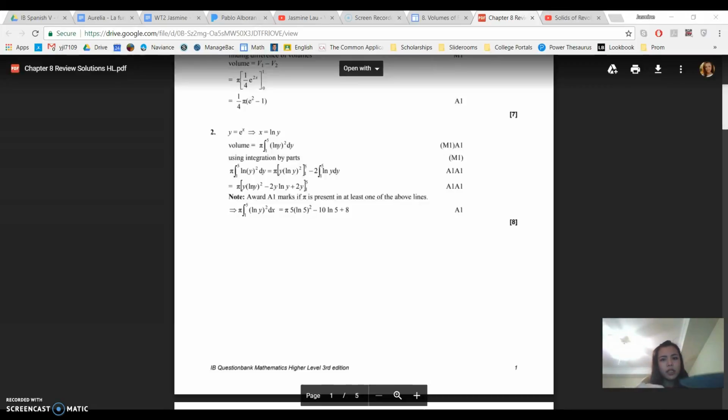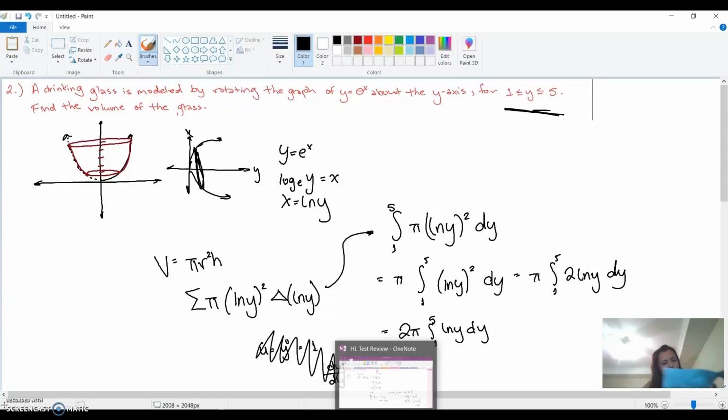So I'm trying to integrate ln y. Well, looky here. I cannot do that. Actually, I can't.